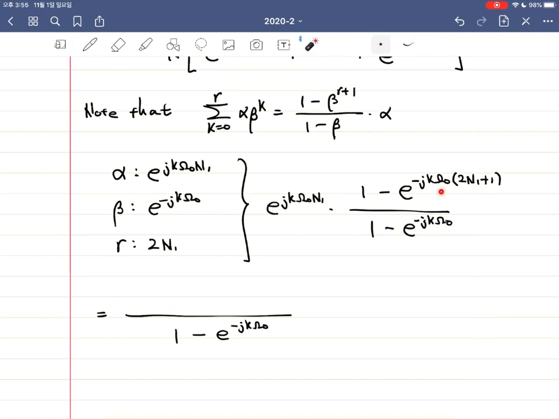However, I will modify the numerator part to deal with this alpha here. So 1 becomes e to the jk omega 0 and 1, and minus stands still, and this one, if you use the distributive law, you will have minus 2 and 1 minus 1, and you have plus n1.